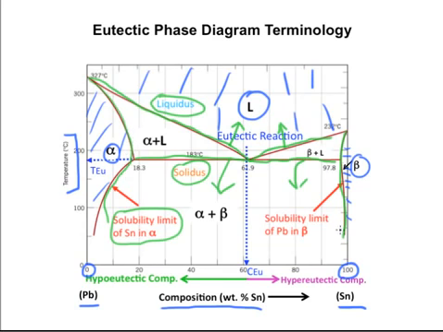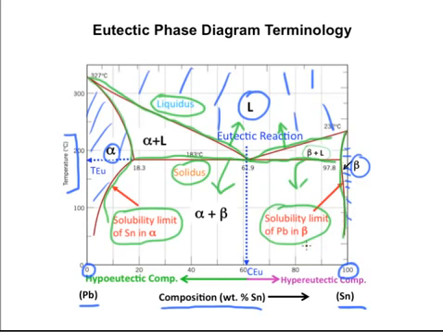This line over here is the solubility limit of lead in beta, which means if we started here and added just a little tiny bit more of lead, we would be in a two-phase region and not a single beta region. So if we were at a higher temperature, we'd end up in the beta plus liquid region, and if we were at a lower temperature, we'd end up in the alpha plus beta region.